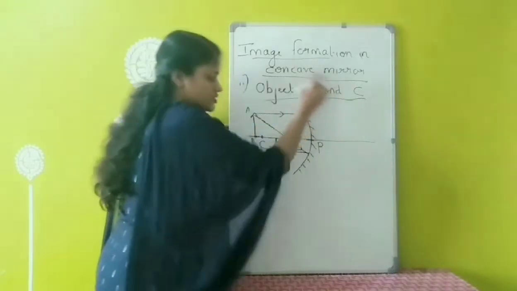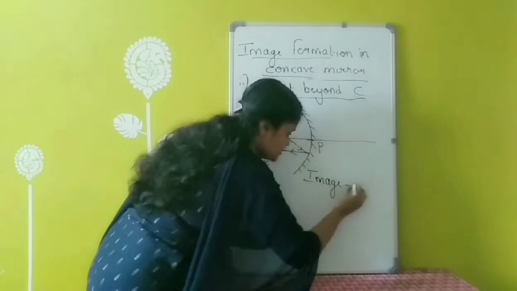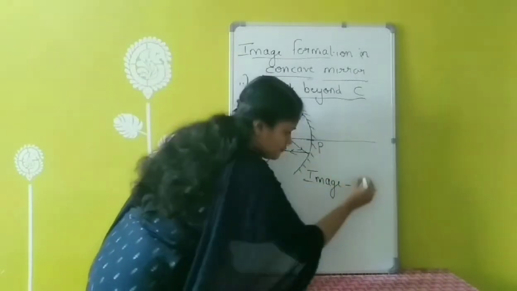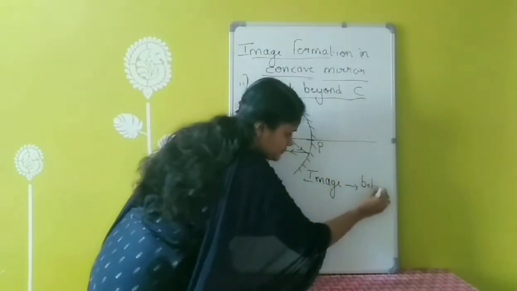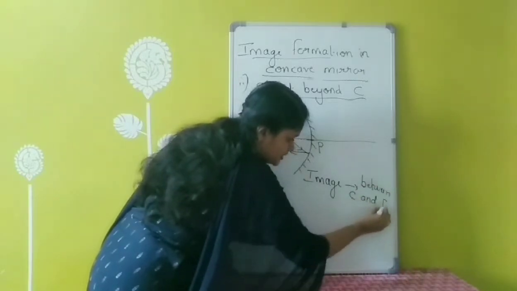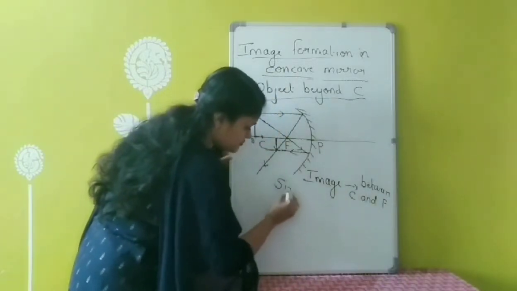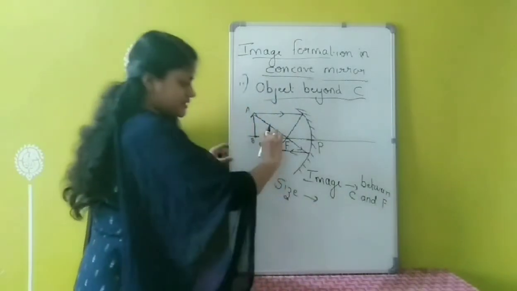So object is beyond C, image we are getting between C and F. And what is the size of the image? Size of the image is diminished.